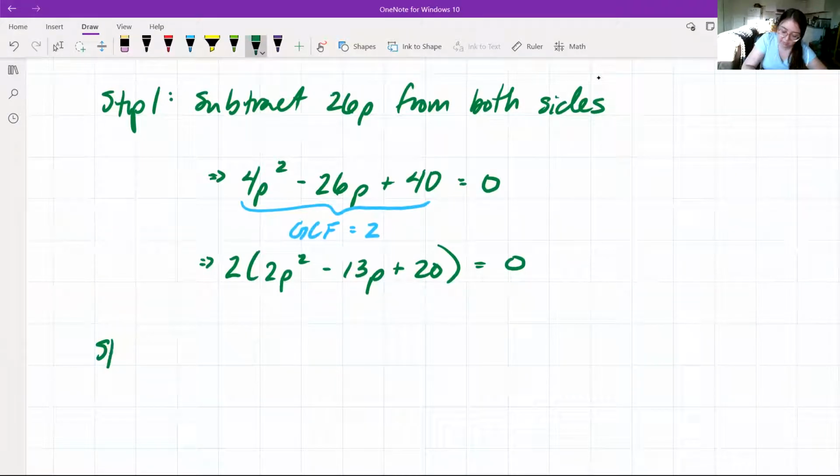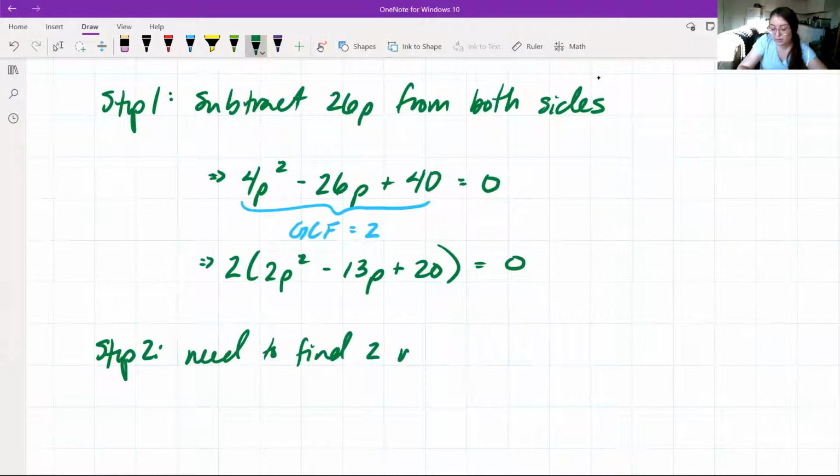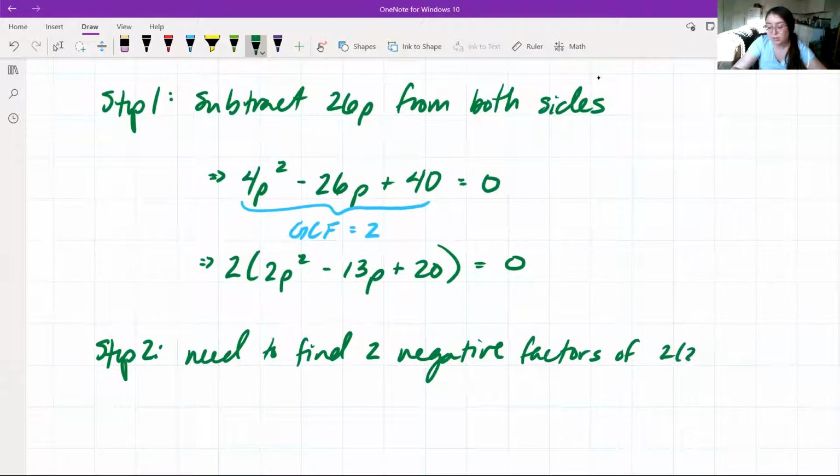And now step 2, we want to factor. We need to find 2 negative factors. Since our last term is positive and our middle term is negative, we need to find 2 negative factors of, remember, 2 times 20, the coefficient of our first term times our last term, not the greatest common factor.